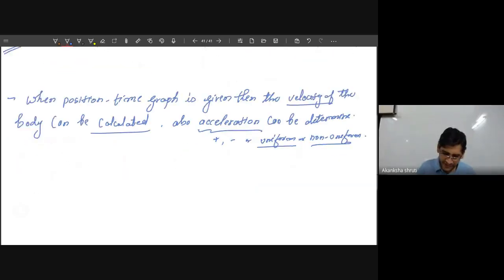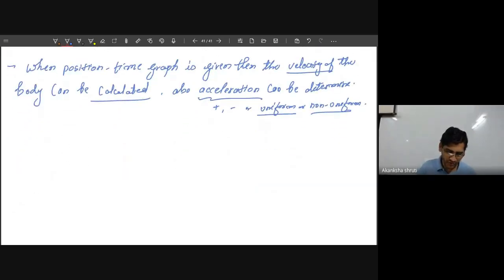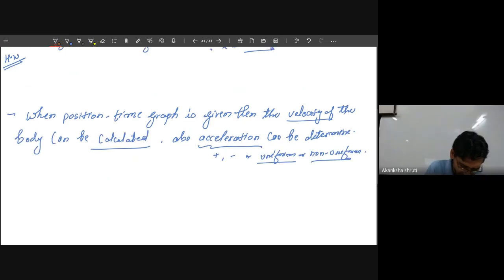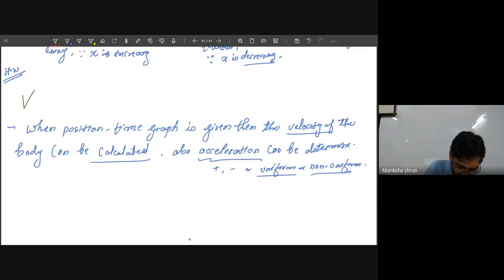So we have to understand how to calculate the velocity of a body from the position time graph. So write the heading: velocity from position time graph.